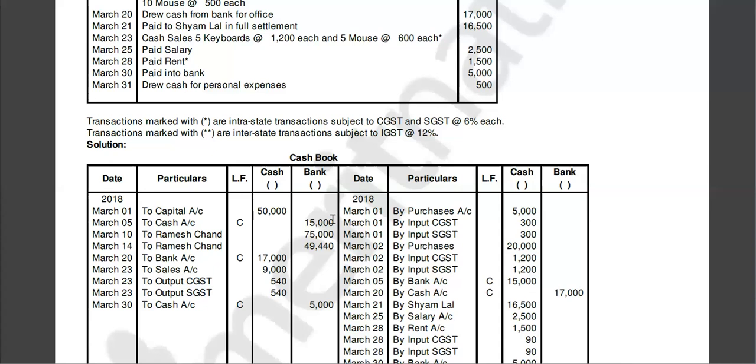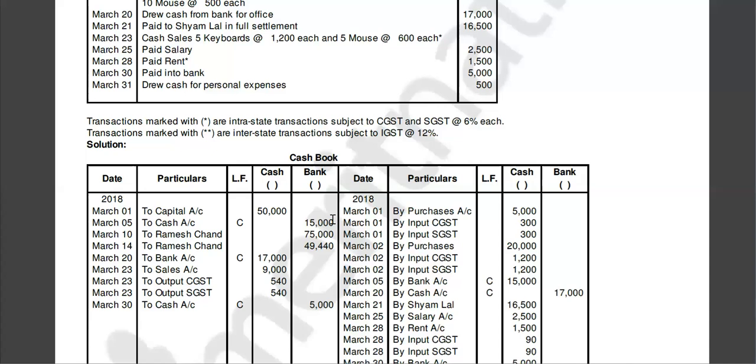Whenever you enter a contra entry, first you write the journal: bank account debit to cash account. So bank account debit, you place your hand in the debit side bank column and write 15,000 to cash.